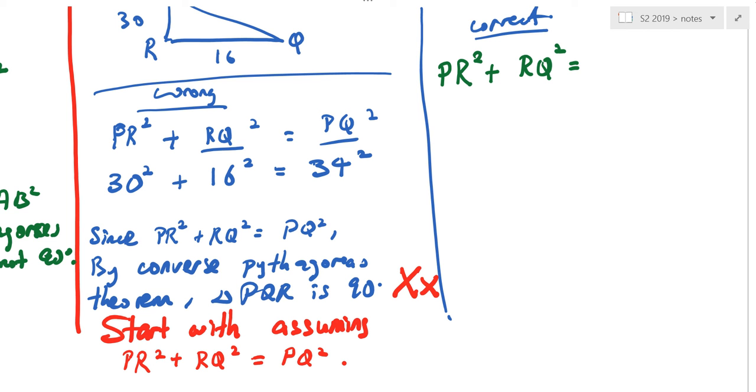They did not. In fact, you don't know whether it's 90 degree or not. So you cannot start by using Pythagoras theorem. So how should you continue? You pretend by writing 30 square plus 16 square, and you pretend to calculate the value. Oh, it's 1156. But I don't know whether later on the so-called hypotenuse is 1156.